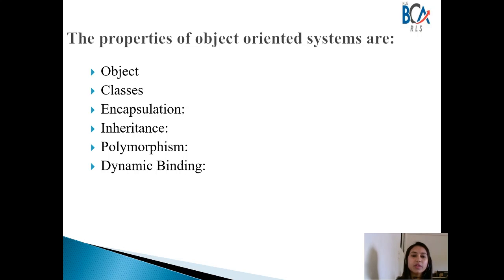So for example, you can take an example of object called rectangle, which has the two attributes which is length and breadth, and area and perimeter as two methods, and the variables and methods together define the rectangle class.